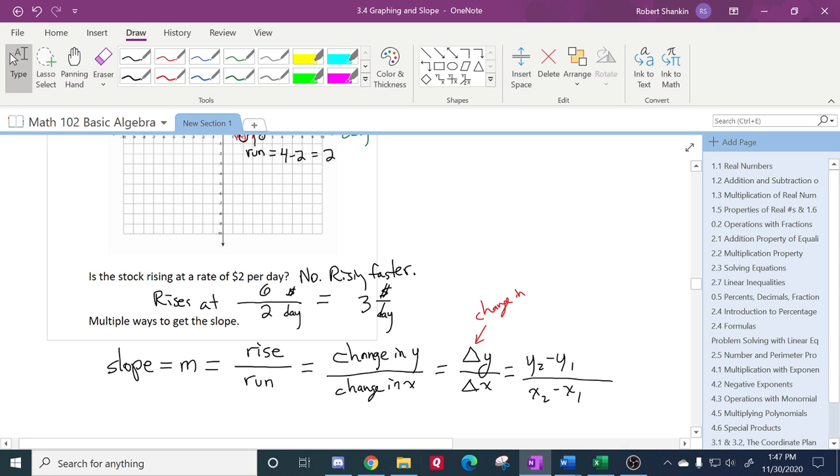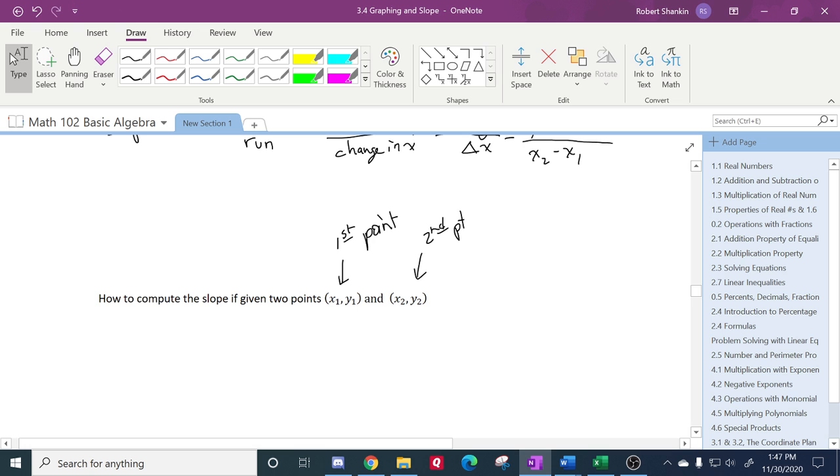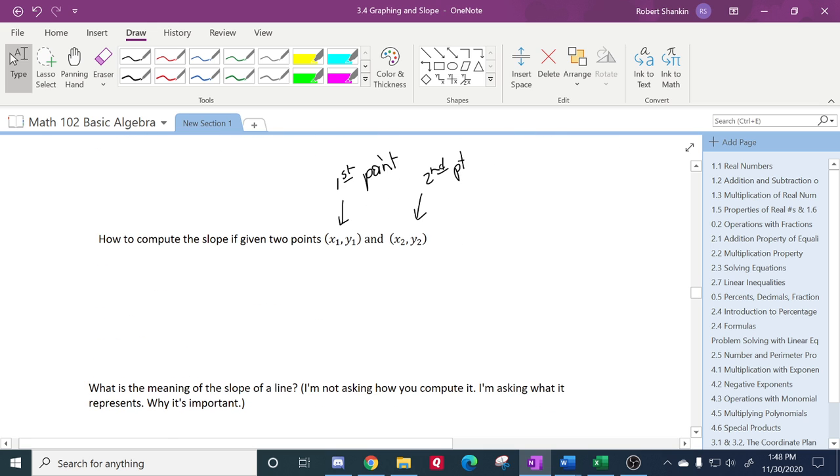So then, alright, so this is all to do with the slope. So now there's a question. What is the meaning of the slope of a line? And I'm not asking you how to compute it.